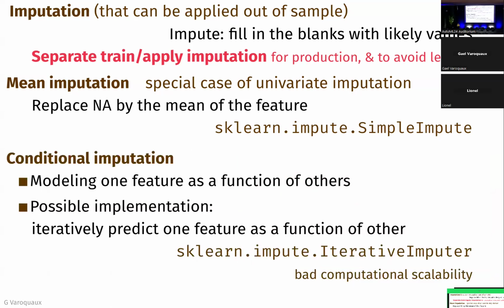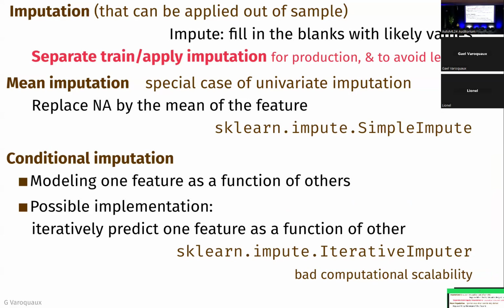And so typically, what people do is conditional imputation, which is that you model one feature as a function of others, and then you use all kinds of models. And one possible way of doing this is to iteratively predict one feature as a function of others. And in scikit-learn, this is done in the IterativeImputer.